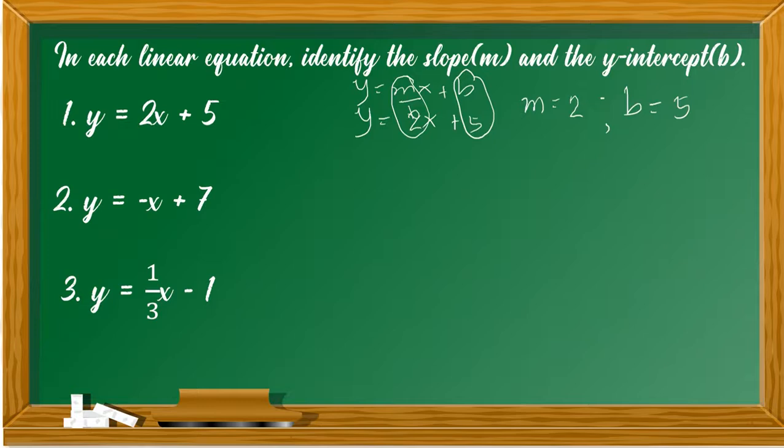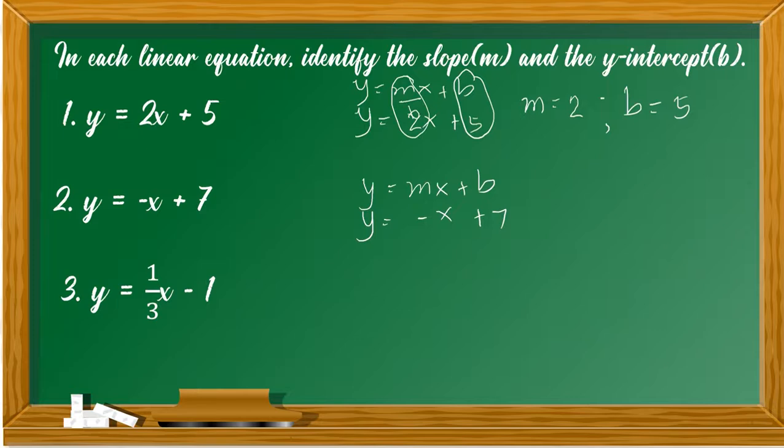Number 2, again, you use the slope-intercept form of a line, and we have y equals negative x plus 7. Your m is the coefficient of your x variable. What is the coefficient of x here? Very good, it's negative 1.